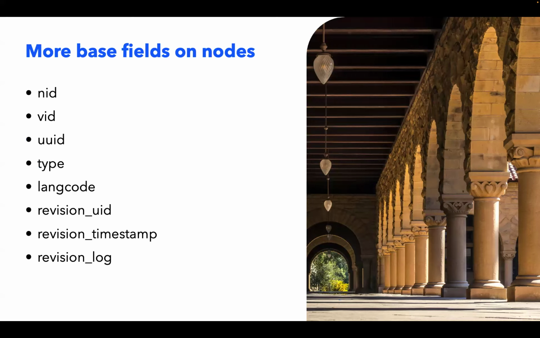Just taking a step back, there are actually quite a few more base fields that aren't ever really exposed to the user. If you've worked with entities in a programmatic fashion, or looked at the database, you've seen that NID is the identifier for a node.